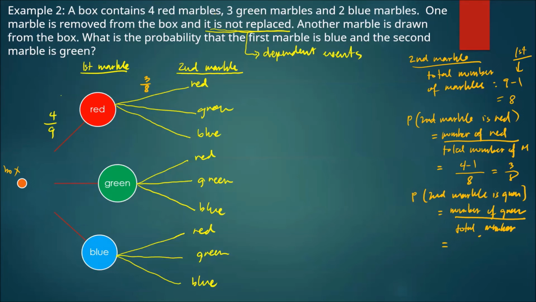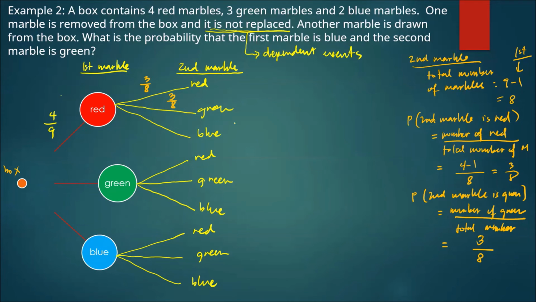Will it be 3 minus 1? No, because our first marble is red, not green. So therefore, the number of green marbles inside the bag will still be 3. And the total number of marbles is still 8 because we already removed 1 marble from the first pick. Okay, so therefore, the probability here is 3 by 8.